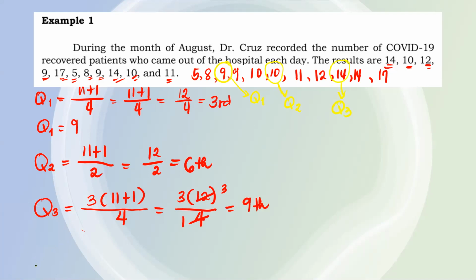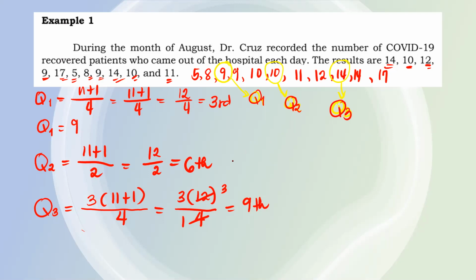Q sub 3. Sana nakikita nyo, no? This is our Q sub 1. This is our second quartile, and this is our upper quartile. So this is the lower, this is the median, and this is the upper quartile. Okay?